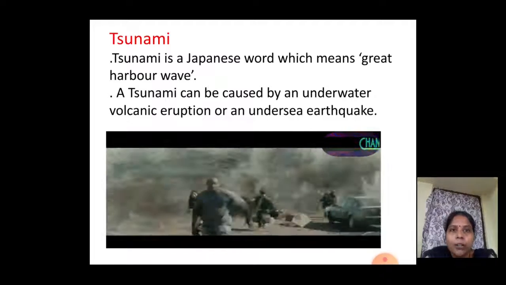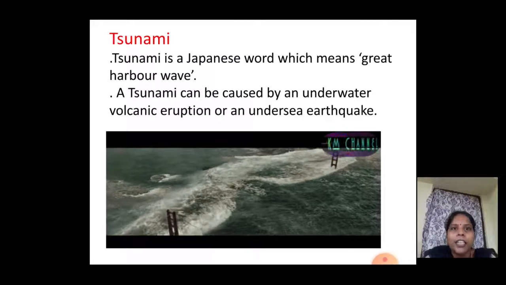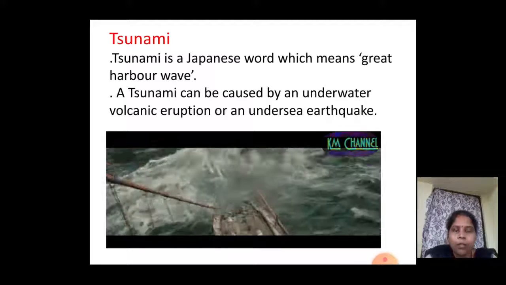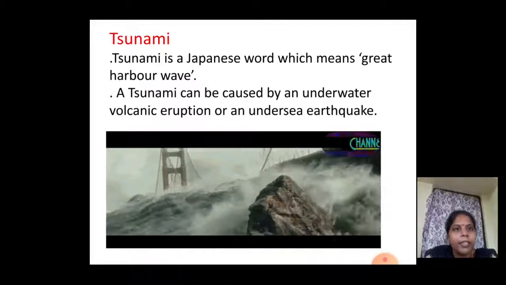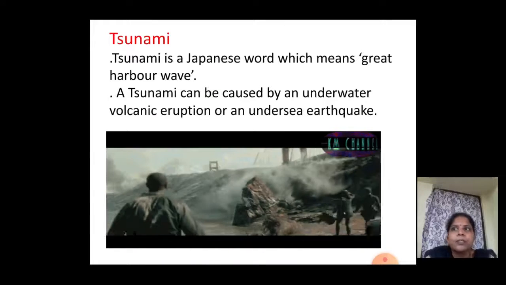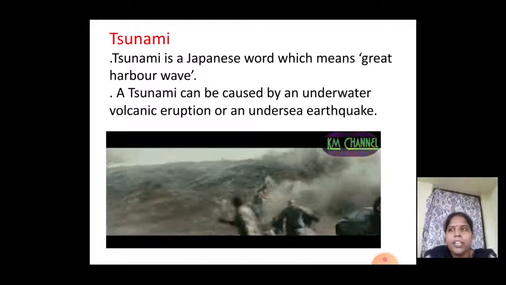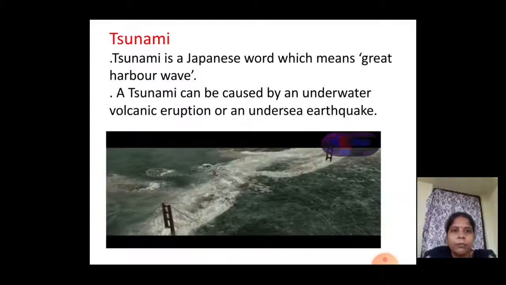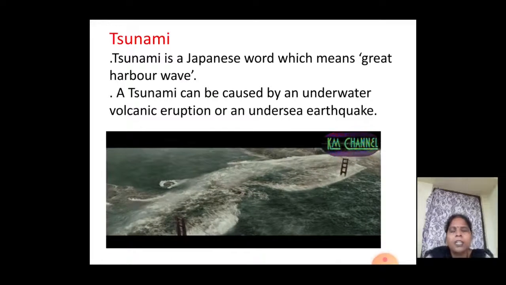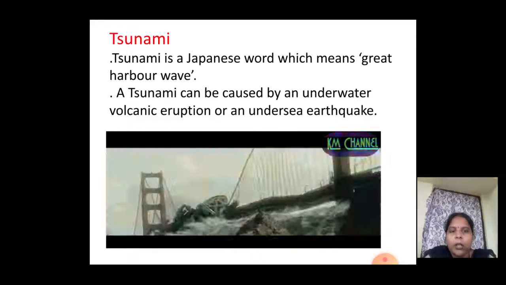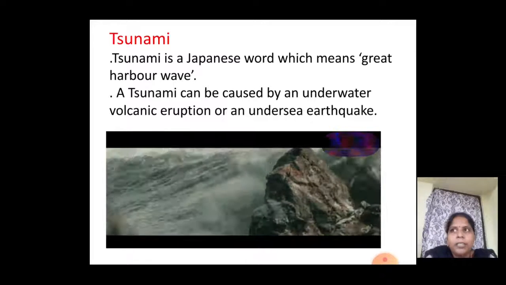And how to pronounce tsunami? The T is silent. You should not pronounce the T. It is tsunami. A tsunami cannot be seen clearly in deep water, but it travels thousands of kilometers without losing its energy.